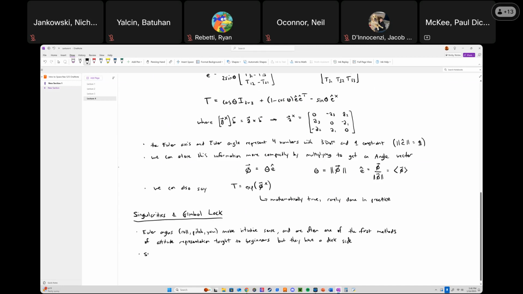Just in general, SO3, an attitude transformation matrix, or any 3-axis or 3-component. Let's think about it this way. SO3, so a rotation in 3D space has no global 3-parameter representation without singular points.